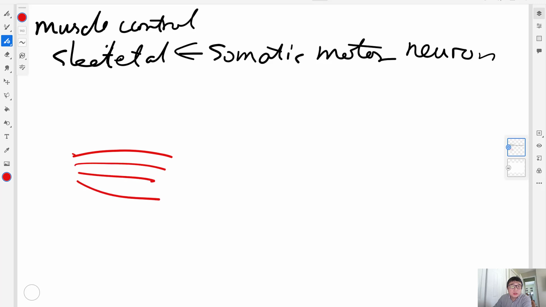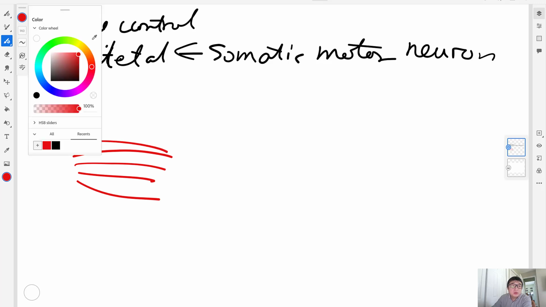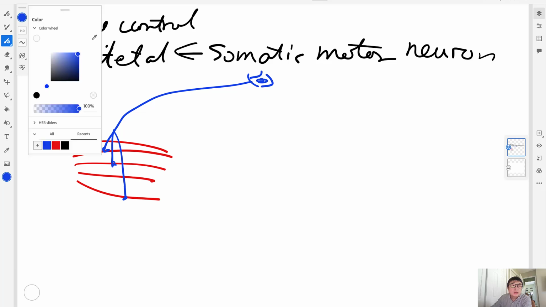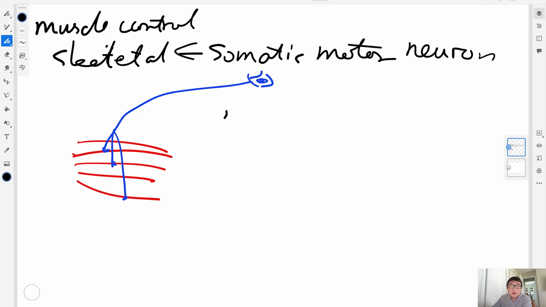I'm trying to draw something: a muscle has multiple muscle fibers, and then there is a motor neuron, which may be somewhere far away. This motor neuron controls this one and this one and probably this one. These three muscle fibers plus this motor neuron, we call them a motor unit.